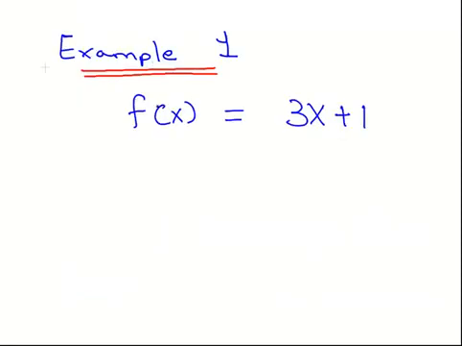Example 1, f of x equals 3x plus 1. This function f of x is given in terms of x. So we have f of x isolated, and an expression in terms of x. What we're going to do is change that round. First off, subtract 1 from both sides. And now we're going to divide by 3.